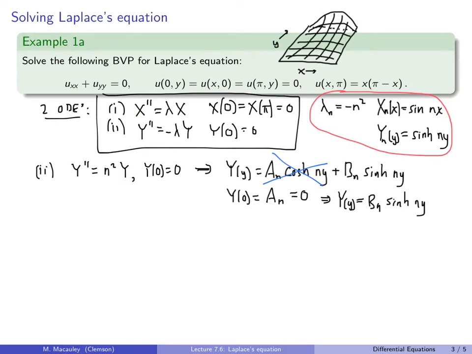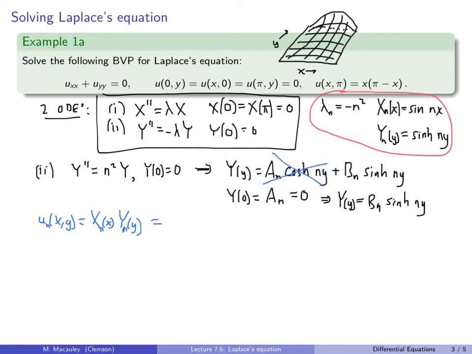Okay, now let's go back to the PDE. Remember where X and Y came from. We assumed that u of x and y had a solution of the form X of x times Y of y. And we found one. For every n, there is a solution this times this. So let me put a subscript of n in here: X_n and Y_n.